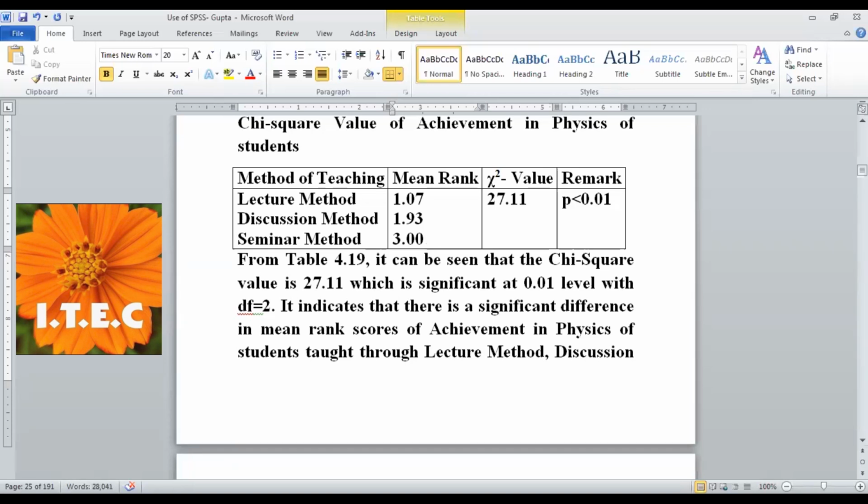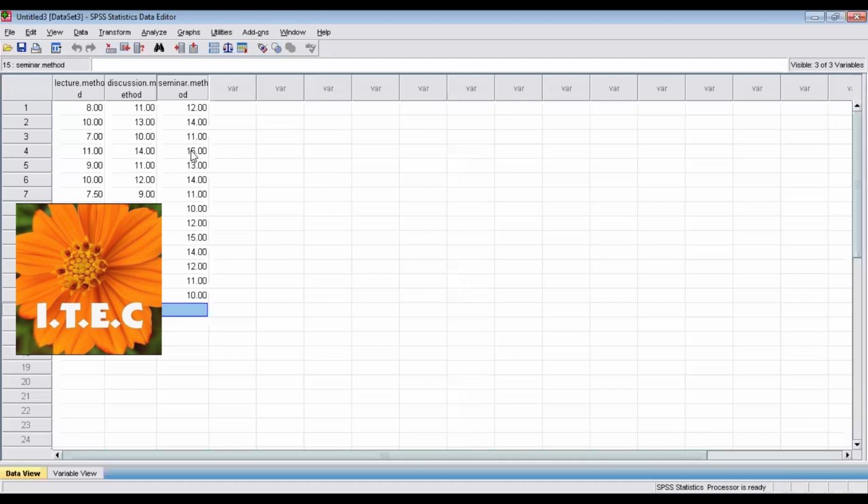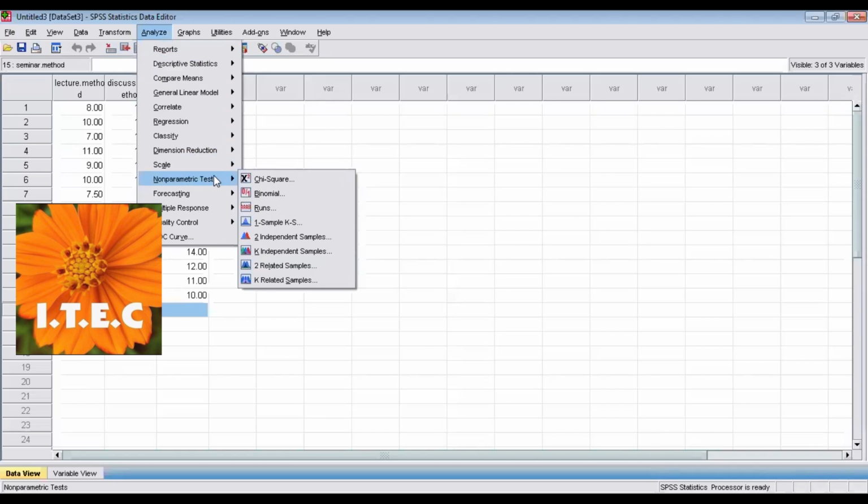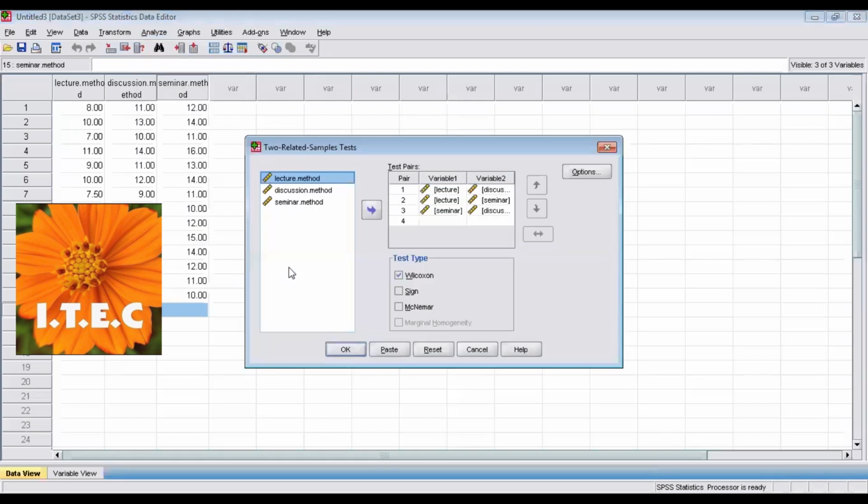This is one. Another is, if suppose you want, let us see. I go to analyze, I go to non-parametric, and I go to two related samples. And suppose I have lecture method and discussion method.